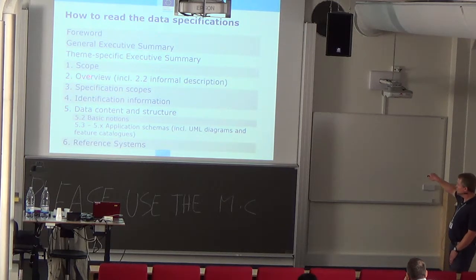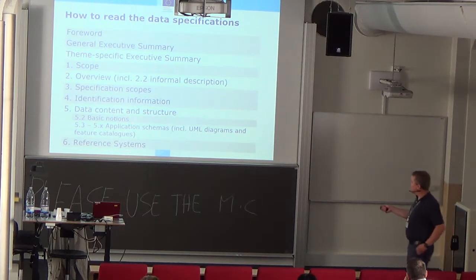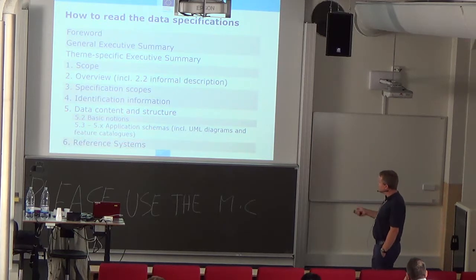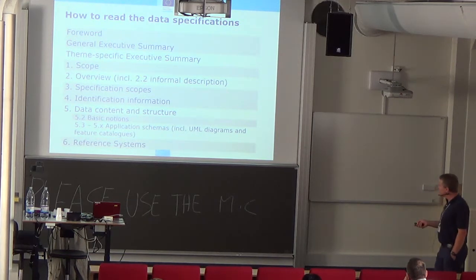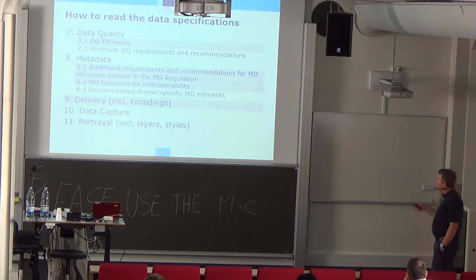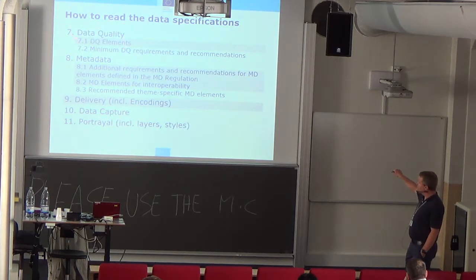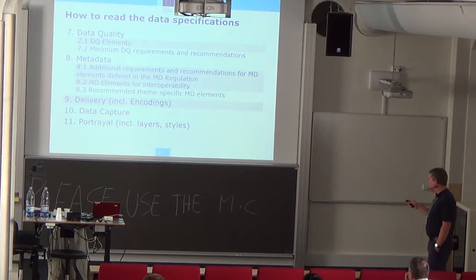So what is really important when you go to a particular data theme is to see the executive summary, to see the overview, which gives a wider description of the theme, and then the application schemas, data content and structure. Of course, if you are a provider, you should also be concerned with data quality, minimum data quality requirements, metadata, data capture, and portrayal.